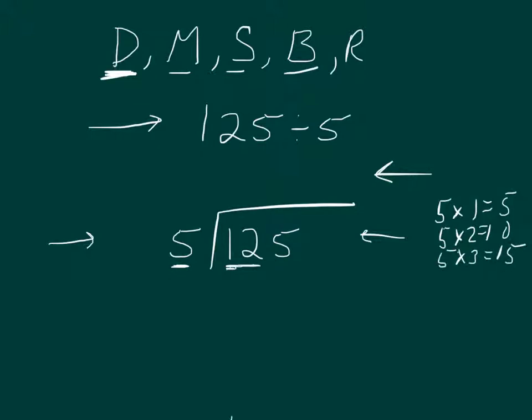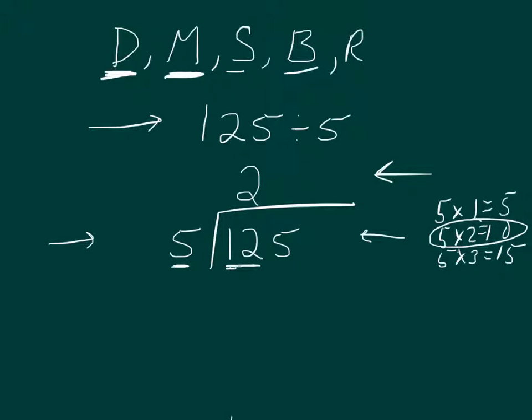That's bigger than 12. So 5 does not go into 12 3 times. That would be too big. It goes into 12 2 times. The 2 goes directly above the ones place of 12. Okay? So that's divide.